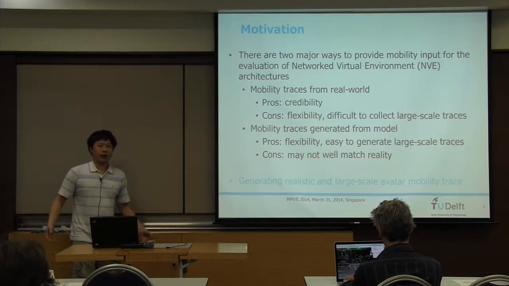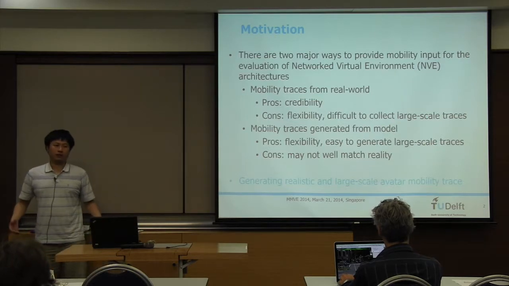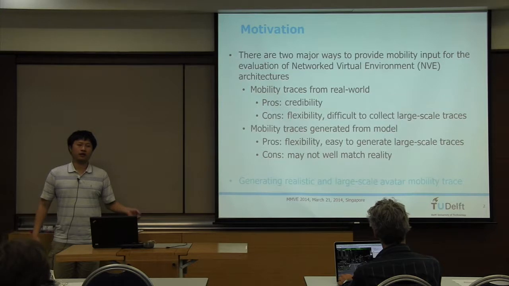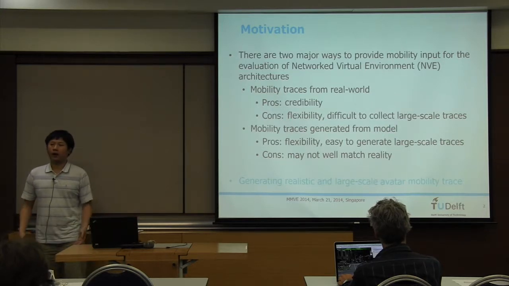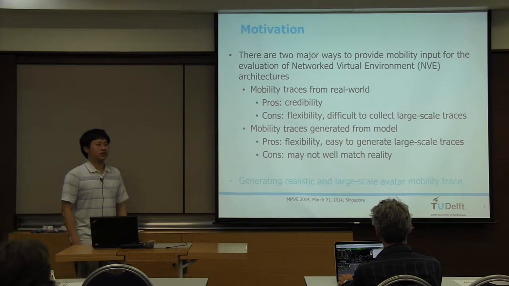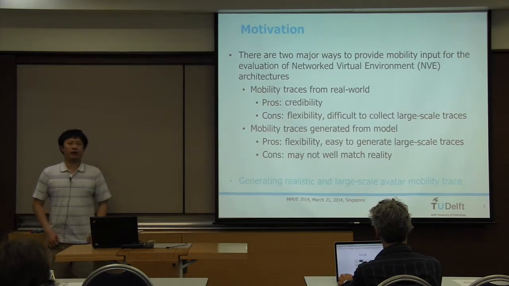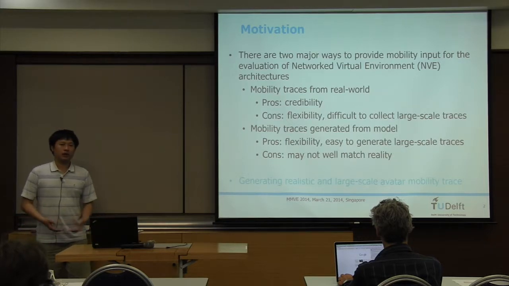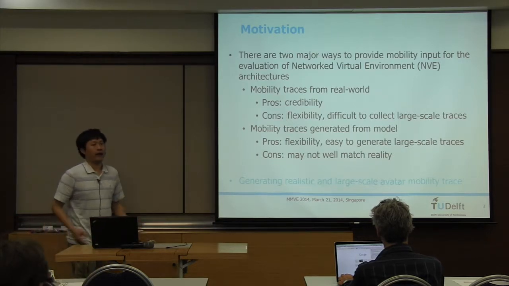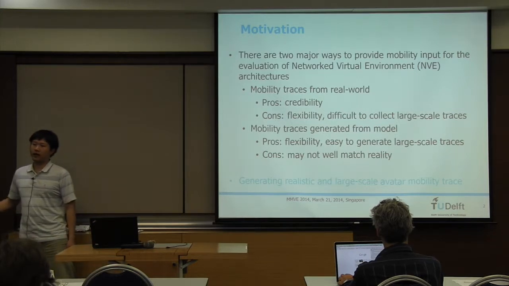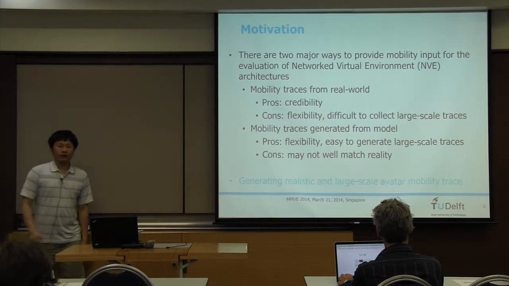It is real, and then you can say that our method applies to this kind of game. But the problem of using real traces is flexibility. You can only say that if I use the traces from my class, then we can say the approach applies to other games, such as Second Life.